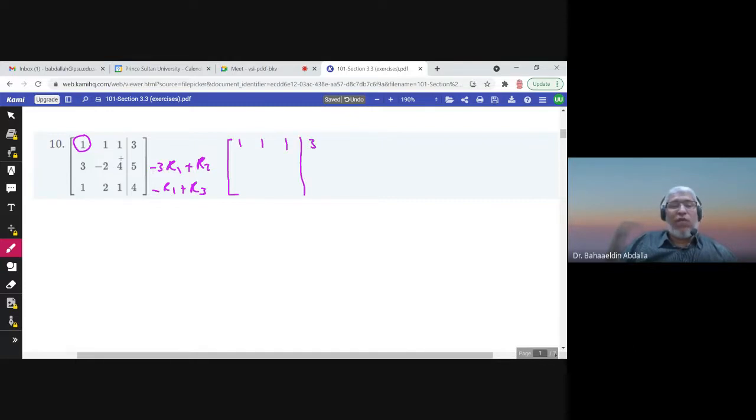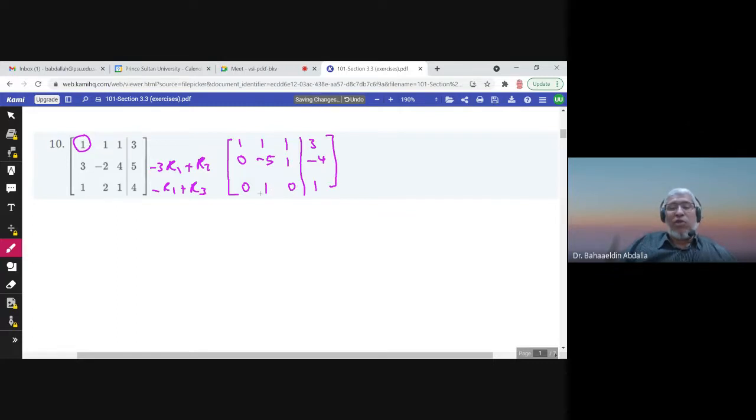And now -3 times 1 plus 3 is 0. -3 times 1, -3 plus -2 is -5, and so on. Also here, -1 plus 1 is 0, -1 plus 2 is 1, -1 plus 1 is 0, -3 plus 4 is 1.